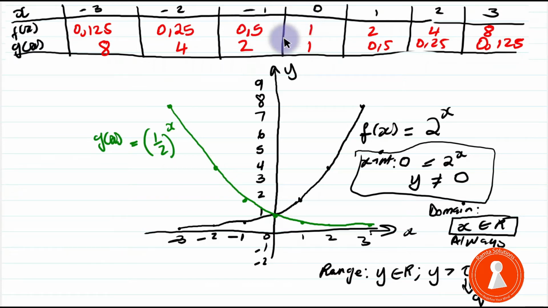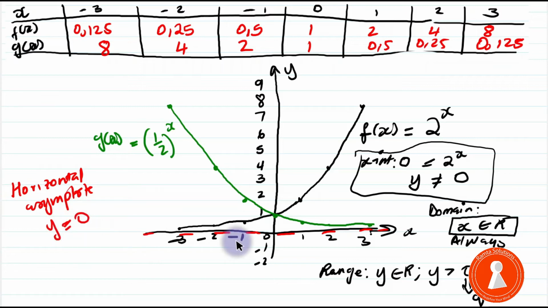Now here I had said this is y is not equal to 0. So this should tell you that you have what we call the asymptote, because the graph will never touch this. It's the asymptote. So the horizontal asymptote is y equals 0.